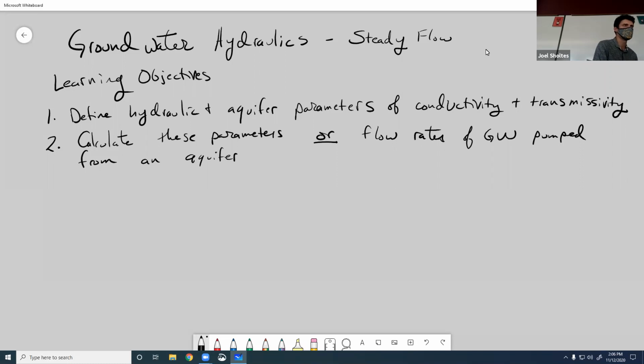So we'll calculate flow rates using these parameters, and Darcy's equation, also the, I'm not going to pronounce this, Dupuit equation.